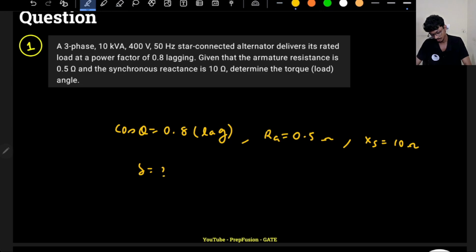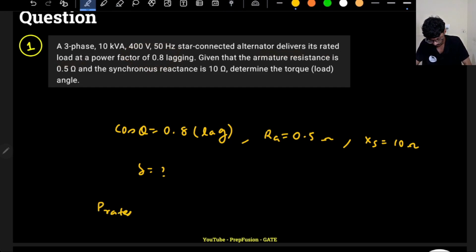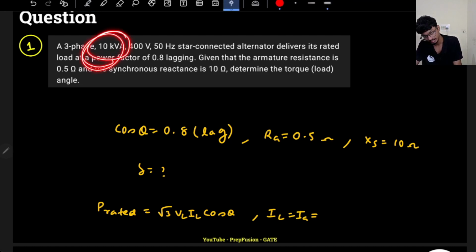How can I determine the delta? It delivers its rated load at this power factor, so it is operating at rated load. Can I find out the rated current? I know that P rated, for a 3-phase load, will be root 3 into V line into I line into cos theta. But 10 kVA is given in volt amperes, right?